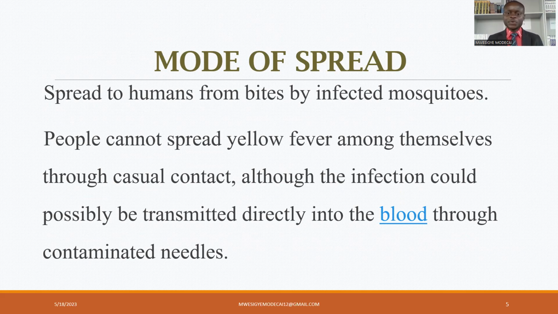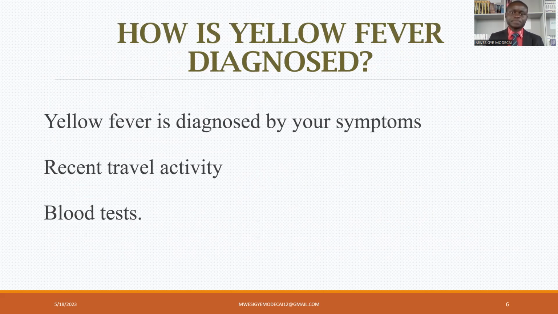So don't get worried to be with a colleague who has yellow fever, thinking that by touching him you may get it. It is purely spread through bites by the infected mosquito, which has already encountered arbovirus. But it can also be transmitted directly into blood through contaminated needles. That's how yellow fever is spread.